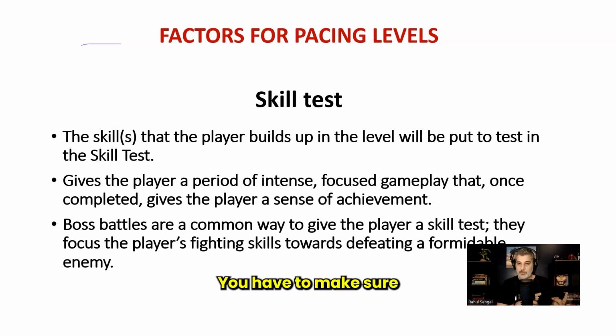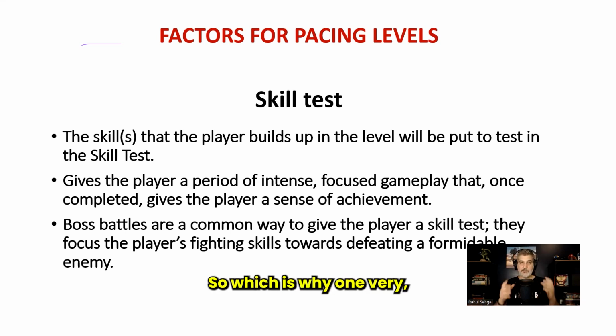You have to make sure that the player has understood, because maybe in the next level the player is going to be put in a situation where they have to use the sniper rifle really well to progress or complete that mission. And if you don't make sure that the player has understood how to use the sniper rifle properly, then the player is going to get frustrated.